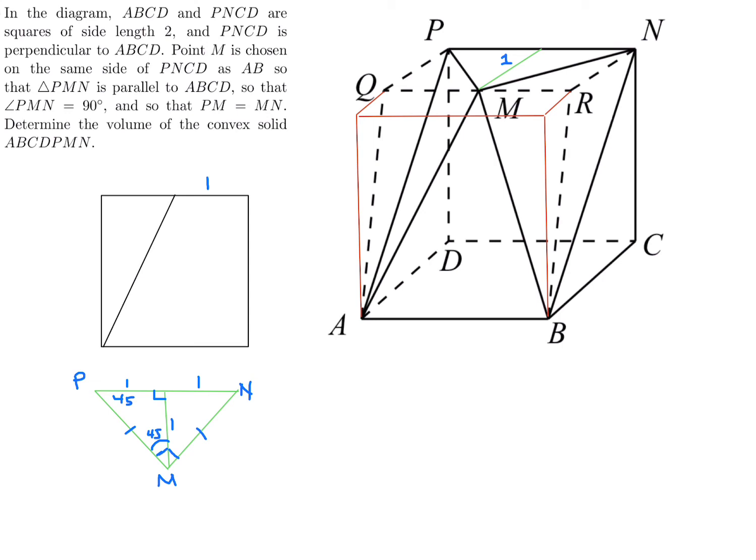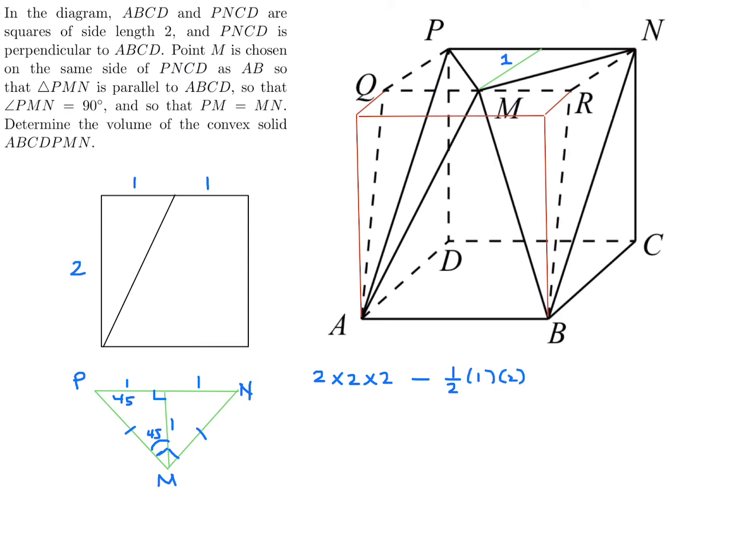And therefore, when I take the cross section like that, this side will be 1, and this is the part that I have to subtract from the cube. So let's do that. The cube is basically 2 by 2 by 2. And then from that, I have to subtract this cross section. So that is going to be 1/2 the area of this triangle, 1/2 base times height, so 1 times 2.